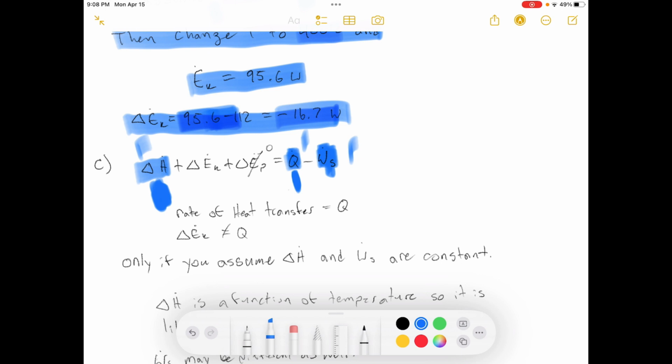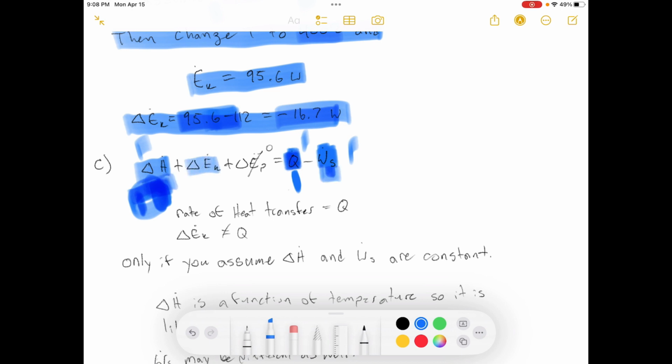We might be able to calculate the change in enthalpy for air, if the temperature changed, and how much that enthalpy change was. So this would be some sort of non-zero number. They're saying, how come delta kinetic energy is not equal to just Q?